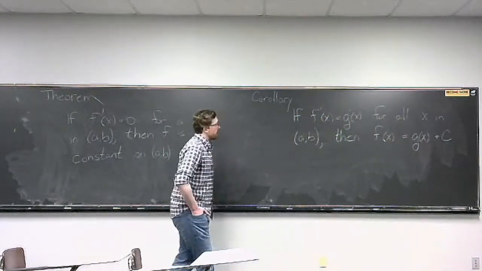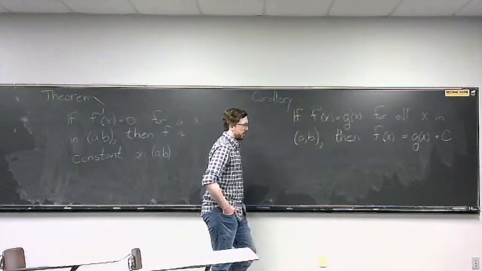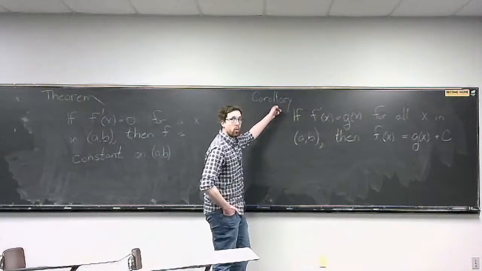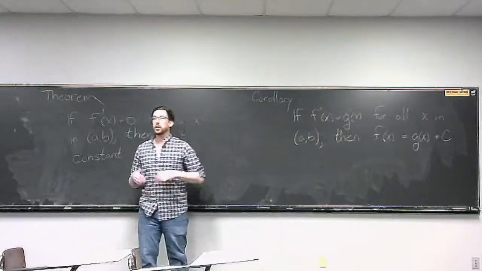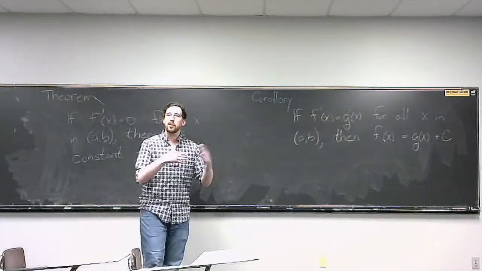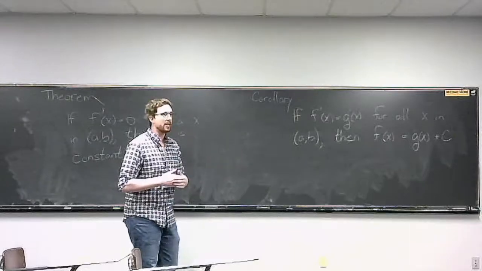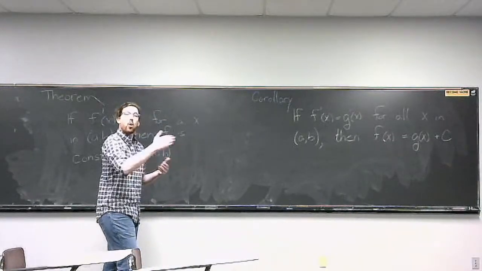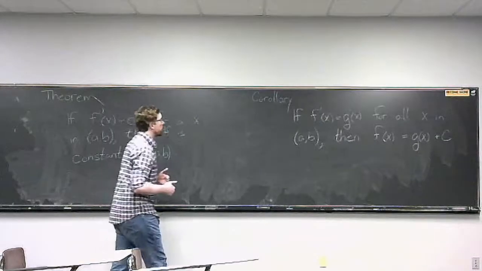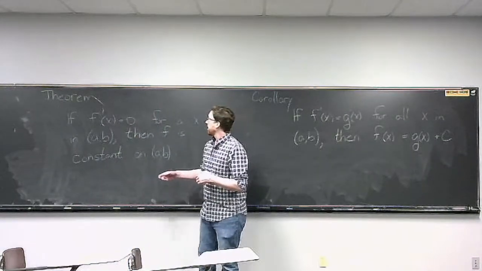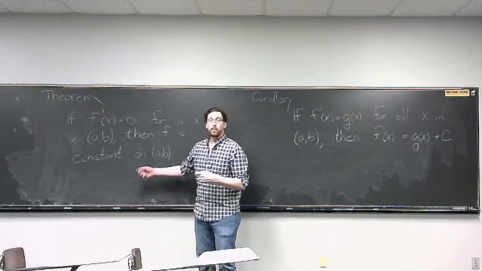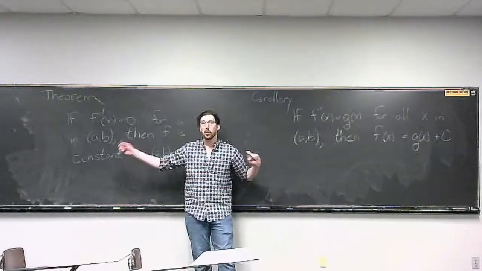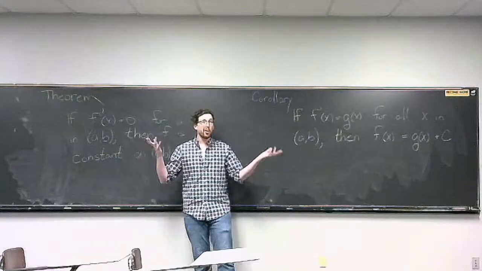Now, just to make a really quick point about some vocabulary here. A corollary is just an ancillary definition or theorem. It's something that tags along. It's the result of a theorem, or it's another way of saying a theorem. So you could have just as easily said this theorem this way, or this theorem this way. These are two different ways of saying more or less the same thing.